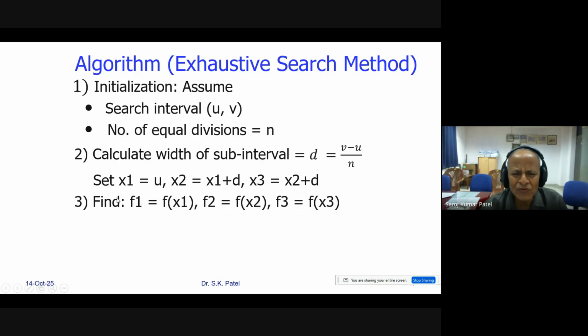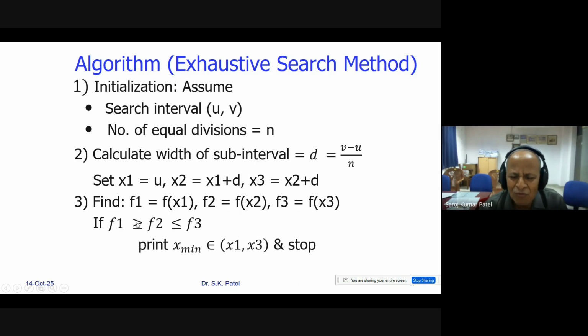Then find the values of the objective function: f of x1 is f1, f of x2 is f2, f of x3 is f3. And here let us compare. If f2 is less than or equal to f1 and also less than or equal to f3, it means the f value initially decreases and then increases. If this condition is satisfied, then we stop, and we print that the minimum lies between x1 to x3.